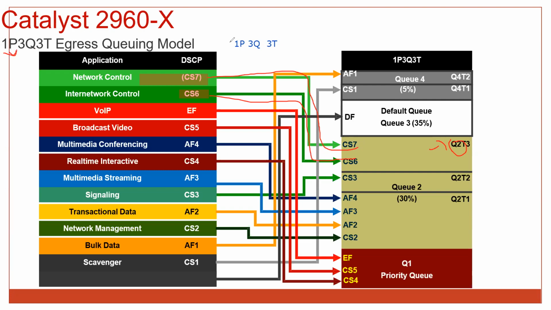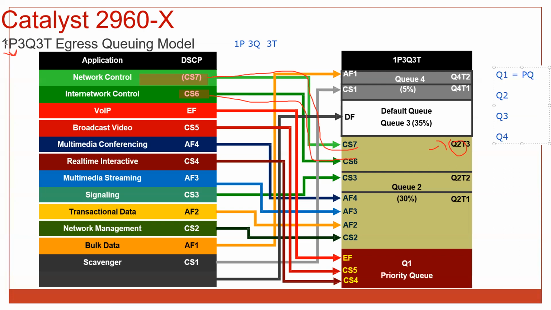So how many queues do we have in this? First of all, try to understand this. If we start with Q1, you have Q1, you have Q2, you have Q3, and you have Q4. Now you can see in this diagram, this Q1 is nothing but your priority queue. 1P is nothing but one queue.